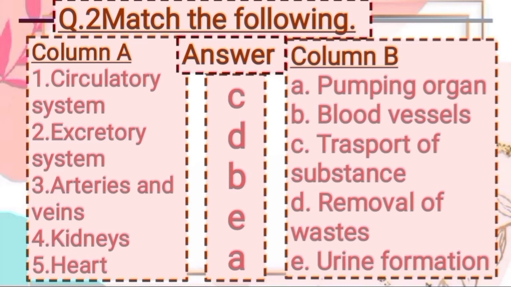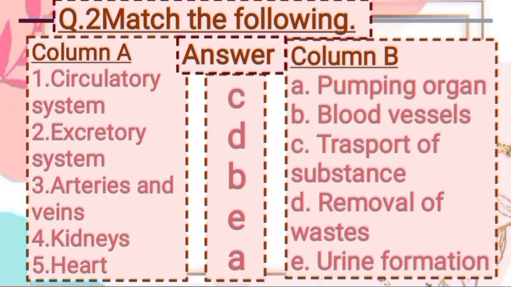Now second from column A is excretory system. As you know, it is the process by which waste gets removed from our body. So answer is option D, removal of waste.